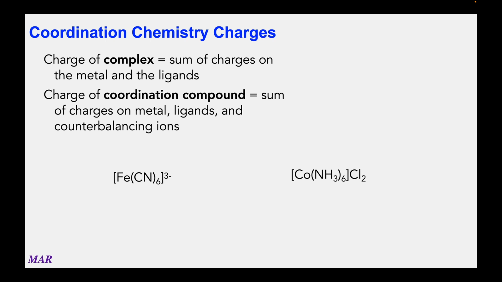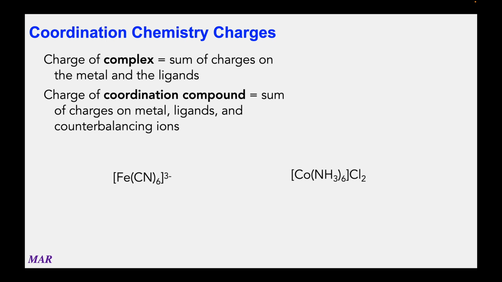Let's say we wanted to find, for example, the charge on the iron. Well, cyanide, CN, is always a -1, and there's 6 of them. So if you just thought about the 6 -1 cyanides, you'd think you'd have a -6. But as you can see, that's a -3 overall charge. Like the little number outside the square brackets is -3.